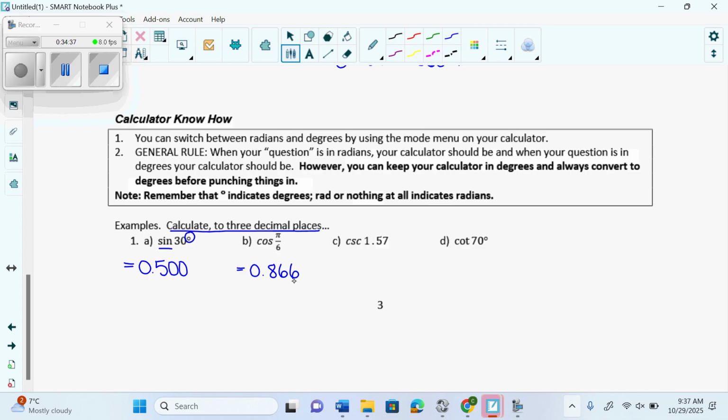We have the buttons sine, cos, and tan. Do we agree? Those are the 3 buttons on our calculator. Yes? This one says cosecant theta equals what? 1 divided by sine of that angle. Correct? We have a sine button, so we can do that.